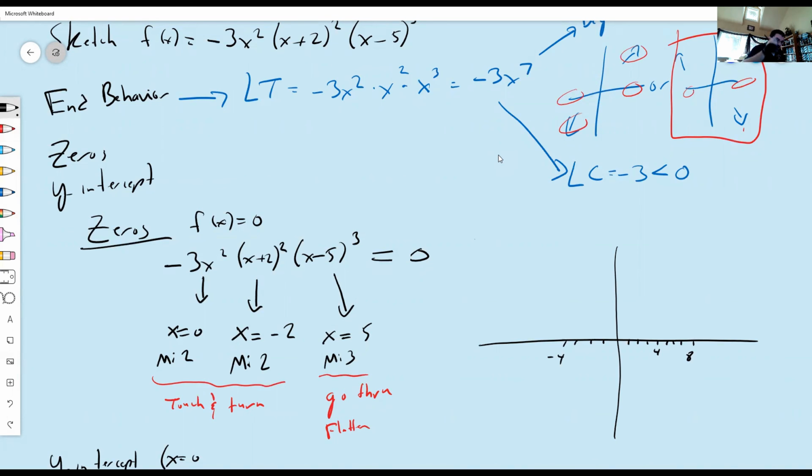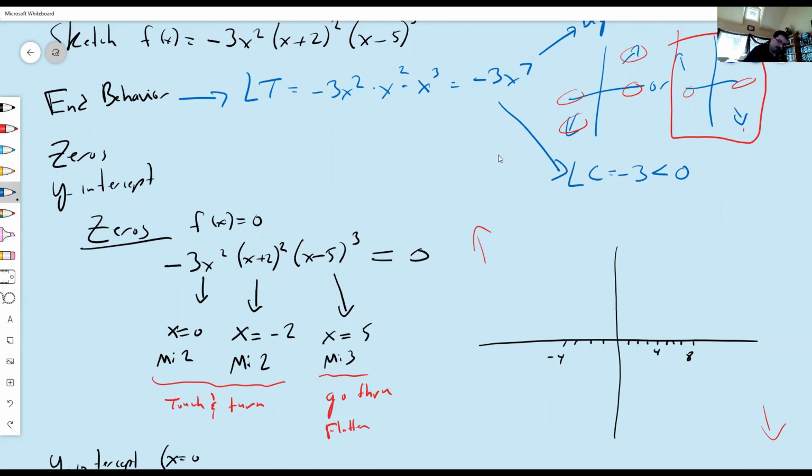And we're just going to kind of note here our end behavior. Our end behavior says up to the left and down towards the right. So we don't forget it.